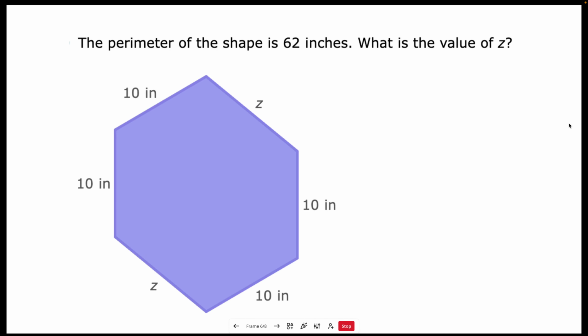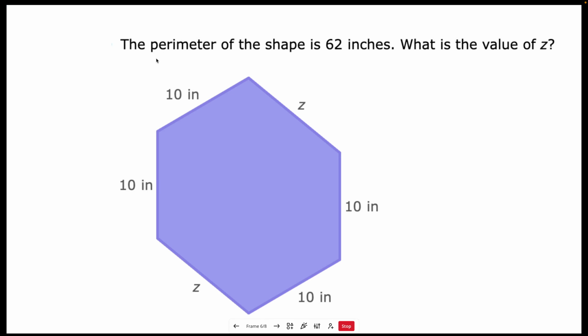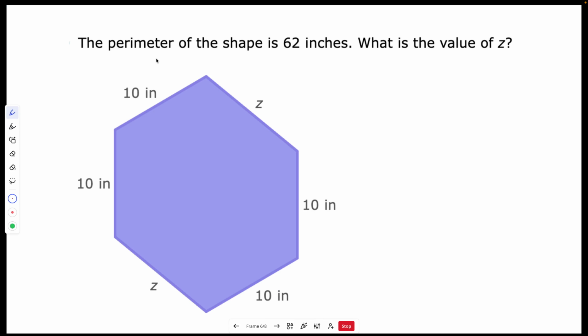All right, this last one is a little different because they basically give you the answer here, right? They say the perimeter is 62 inches. So we know that the definition of perimeter is just add up all the sides, right? So if I do z plus 10 plus 10 plus z plus 10 plus 10, it should equal the perimeter, which they told me is 62.